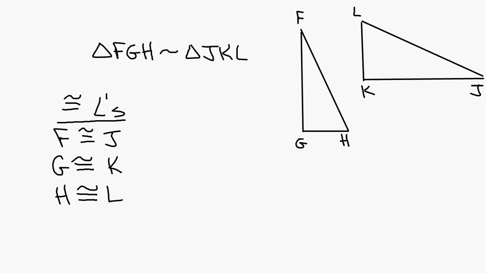And write a proportion that relates the corresponding sides. All right, so follow me now. Here's your proportion that relates the sides. We're going to take side FG and put it over, which side do we put FG over?